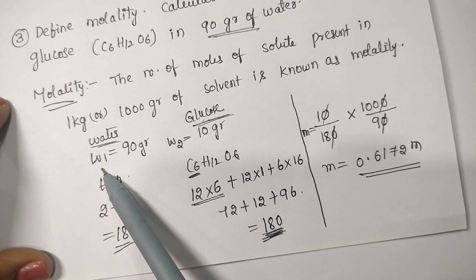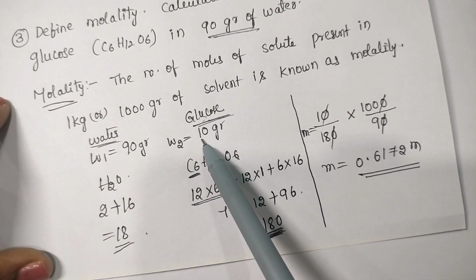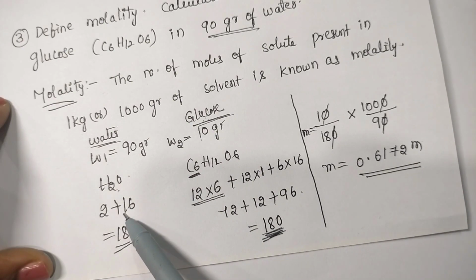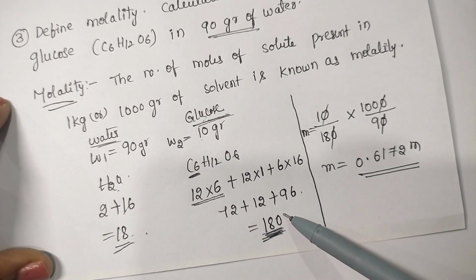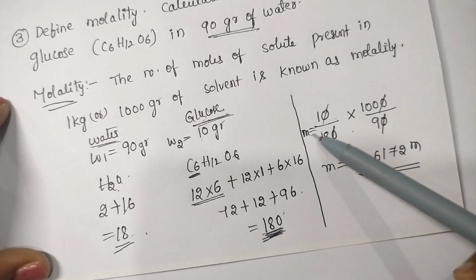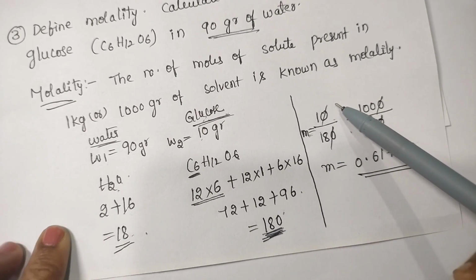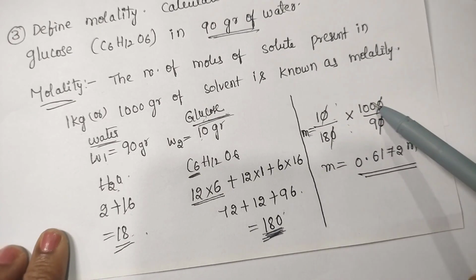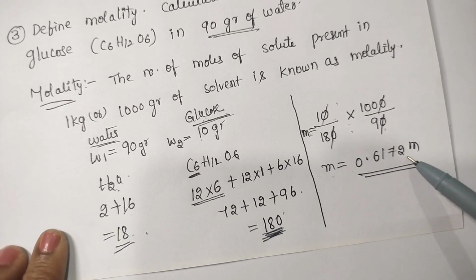Water is W1, 90 grams. Glucose is 10 grams. Molar mass of water is 18 and glucose is 180. So in the molality formula, W2 by gram molecular weight into 1000 by W1, molality is equal to 0.6172.